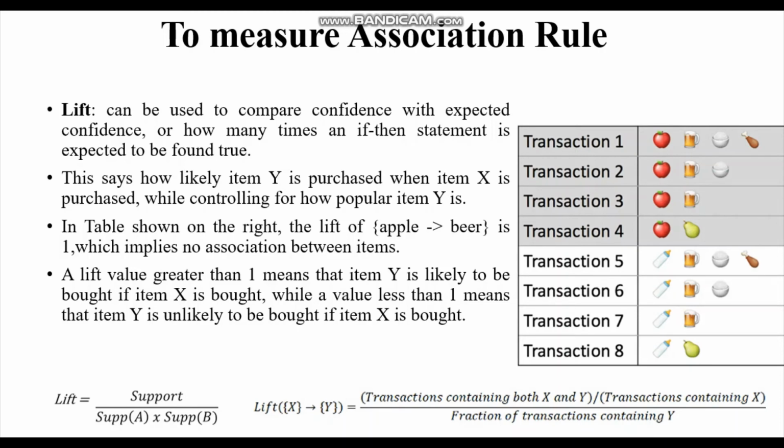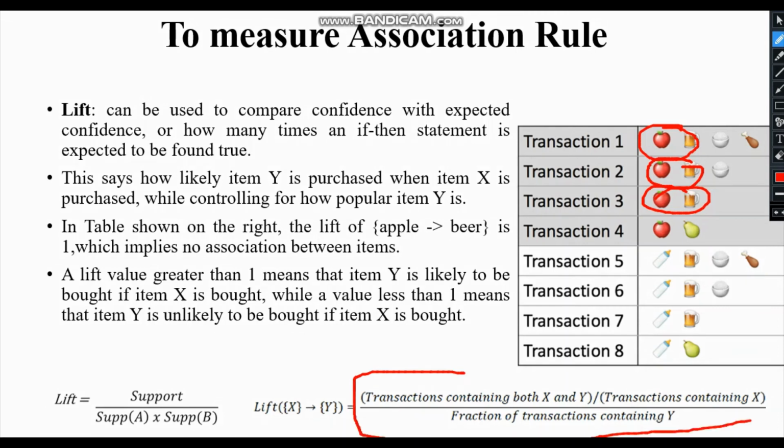Suppose you want to calculate lift, you have to look at how many times apple and beer are coming together, purchased together. For example, you can see 1, 2, 3.